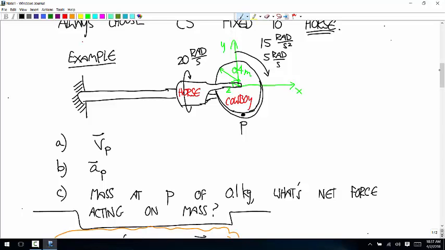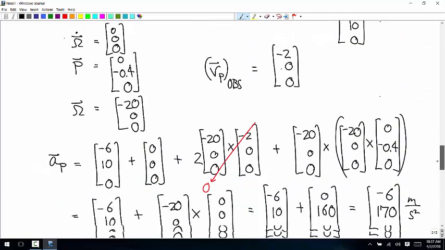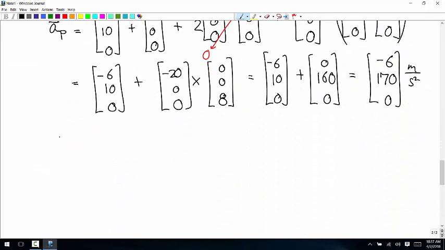Yeah. Okay, so let's do another one. Why not? Oh, C was calculate the net force. Thank you. And so Newton's second law just says F net is equal to the mass times the acceleration vector.